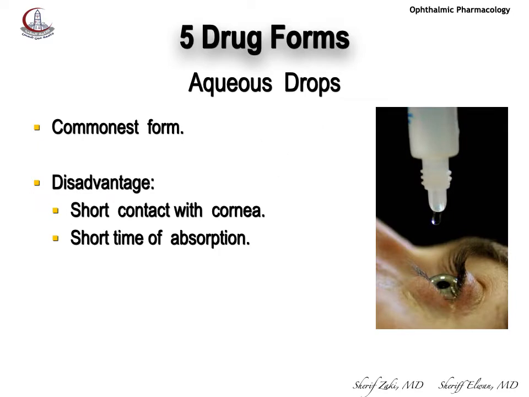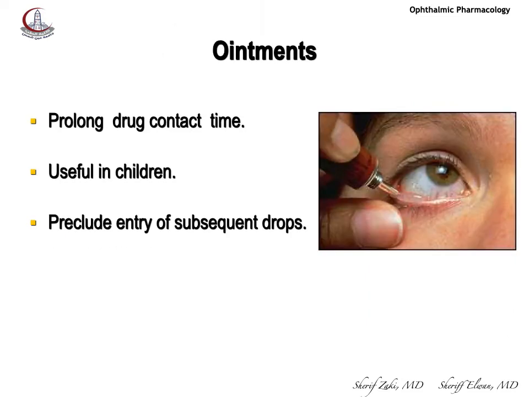Now we come to drug forms, and we start with the aqueous form of eye drops, and this is the commonest form. It has the disadvantages of having a short contact with the cornea and short time of absorption. Now, ointments. These are the known fatty preparations.